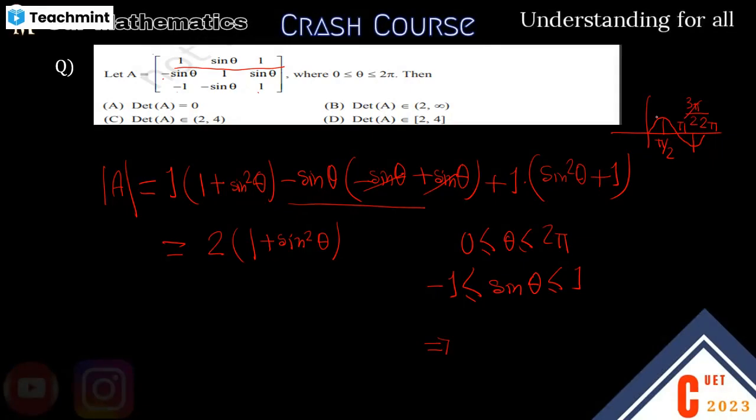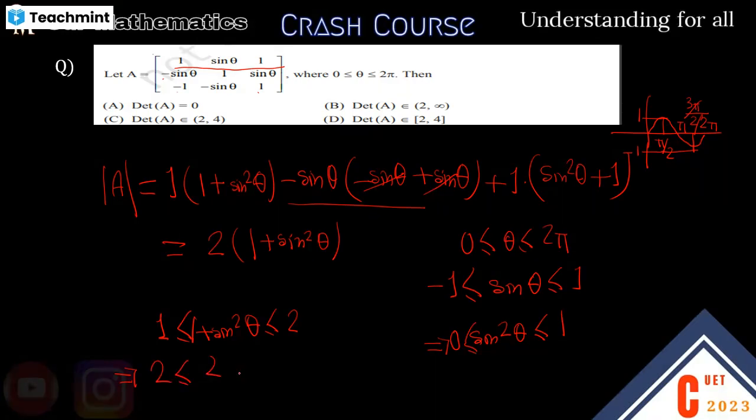So minus 1 to 1: this will be 1, this will be minus 1, this is the sin graph, right. So then sin square theta will be what? Sin square theta will lie between 0 to 1, which gives 1 plus sin square theta between 1 and 2. Now multiply by 2: 2 into 1 plus sin square theta.